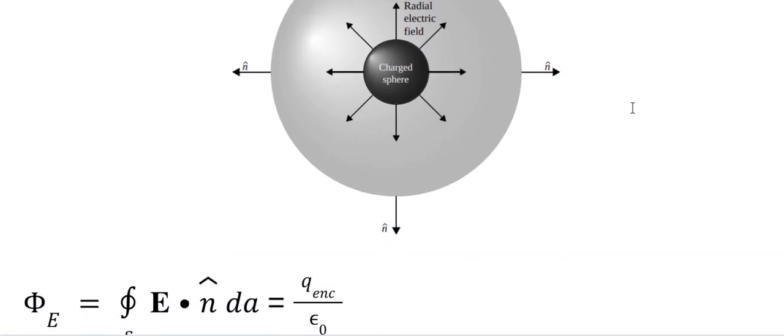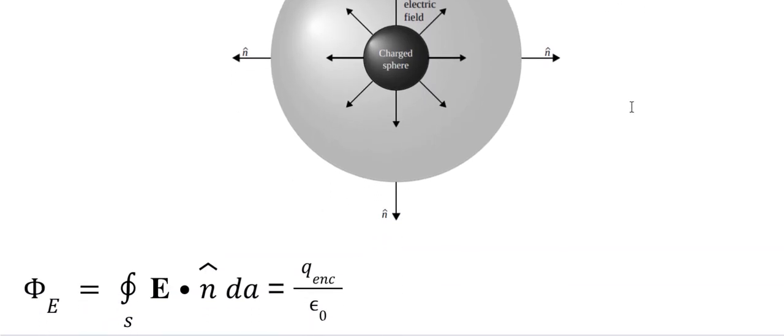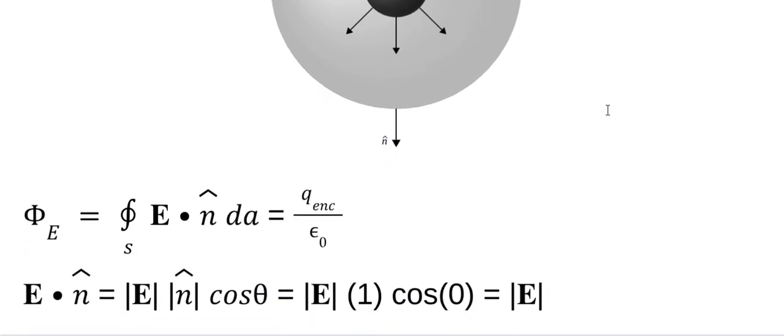Okay, so when we take the integral form of Gauss's law like this, and we look at the field inner product with the unit normal, we can write the definition of a dot product, the magnitude of E times the magnitude of the unit vector times the cosine of the angle between them.